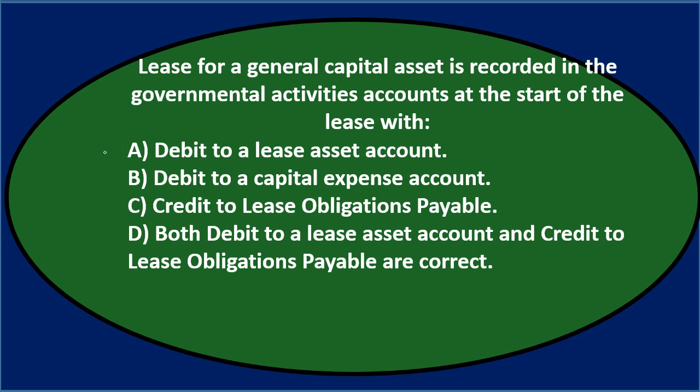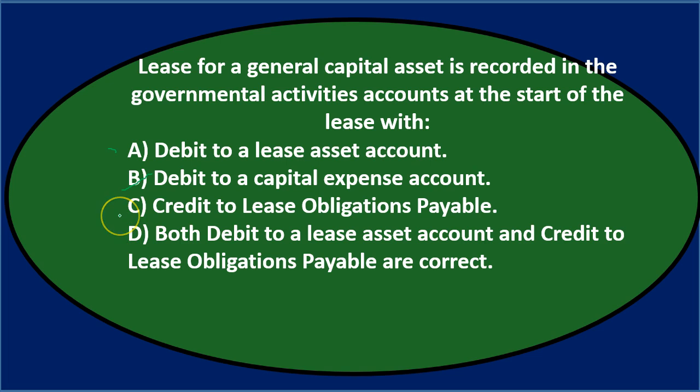So A says debit to lease asset account. Now, the first thing we want to think is that D says that two of these are correct, right? D says both a debit to a lease asset account and a credit to the lease obligation payable. So if we think about the first one, debit to the lease asset, the second one says debit to the capital expense. That's not part of D. So if I didn't know at all, I'd probably say it's not B, because you would think that the answer would be either this, that, or both of them, right?